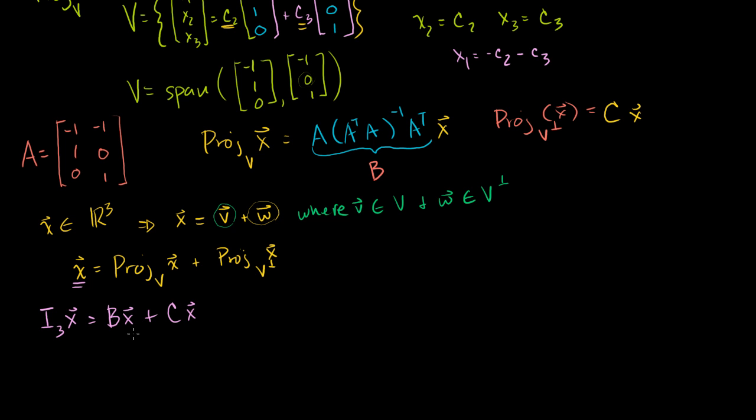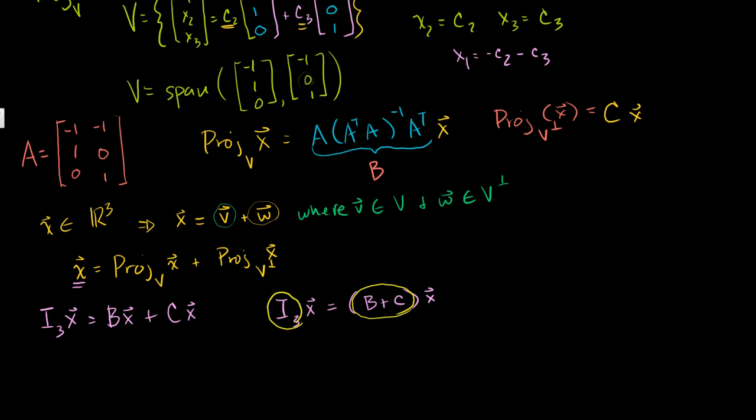And if you want to factor out the x on this side, we know that matrix vector products exhibit the distributive property. So we could write that the identity matrix times x is equal to B plus C times x. Or another way to view this equation is that this matrix must be equal to these two matrices.